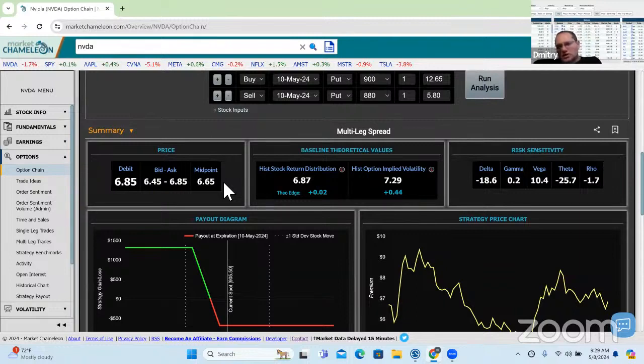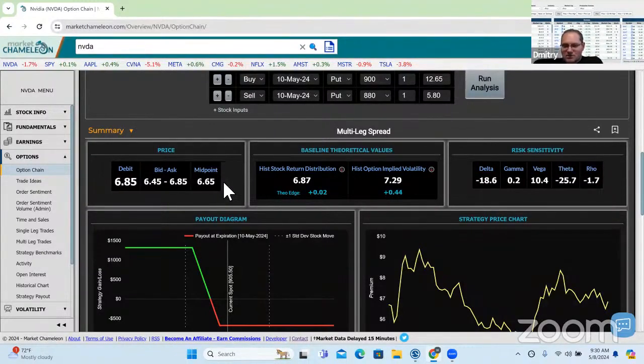which would not only in theory be a good theoretical value, but also save 20 cents on this execution. What does that do? Well, number one, it reduces my risk, because the less you pay, the less risk you have on the table, since the amount you have at risk is what you pay.